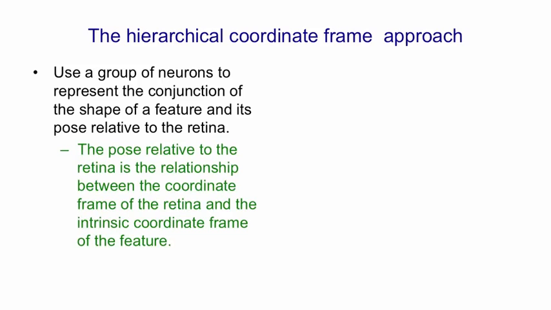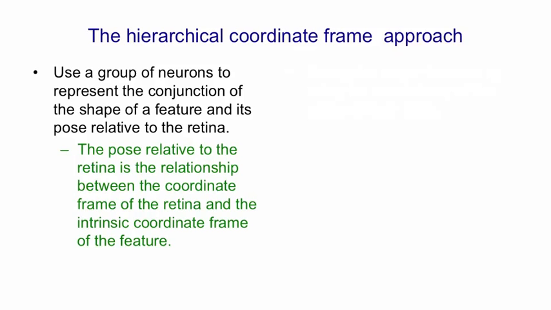If you think about representing the pose of something, that's really a relationship between two coordinate frames. So it's a relationship between a coordinate frame embedded in the thing and the coordinate frame of the camera or retina. So in order to represent the pose of something, we have to embed a coordinate frame within it.